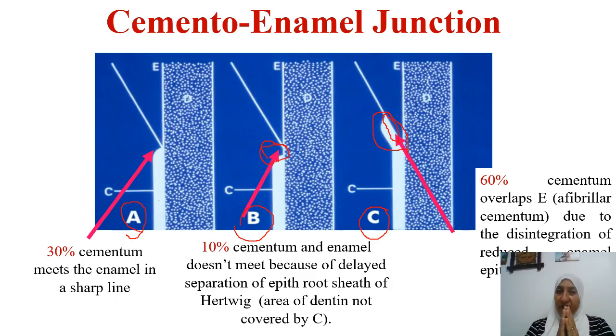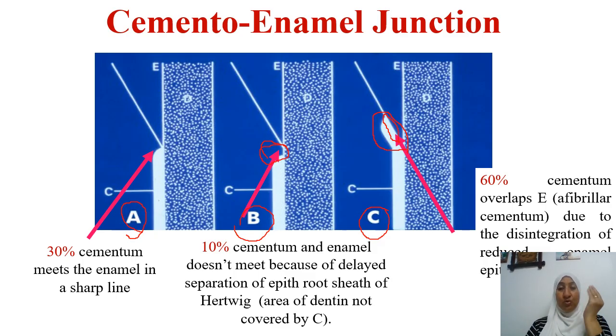Pay attention to something very important: not all of the cervical line in a tooth shows one of these junctions. What is meant by that? If I have a tooth and this is the facial surface, the cervical line here could be from the overlap of afibrillar cementum. Proximally, we could have a part of the dentin deprived of cementum. Lingually, we can find edge to edge in the cemento-enamel junction.